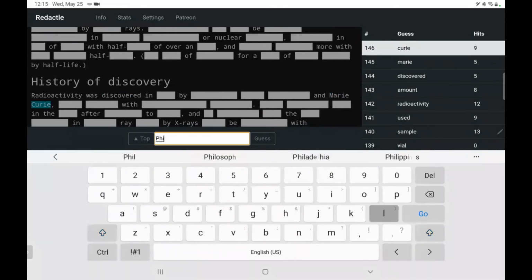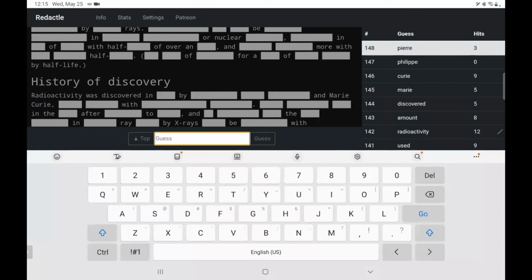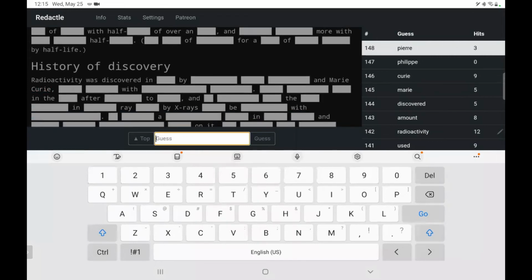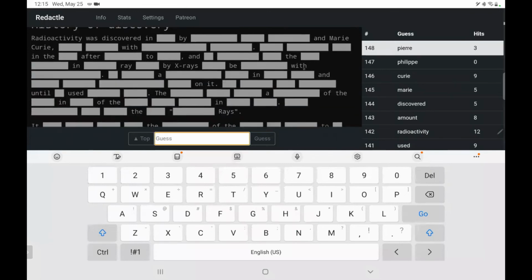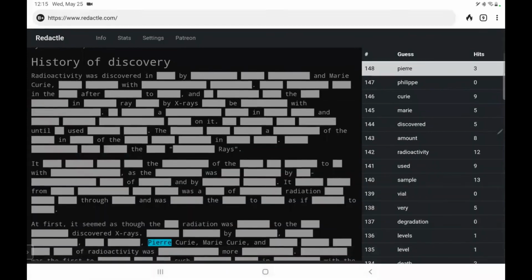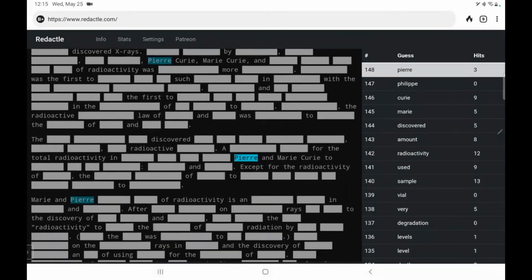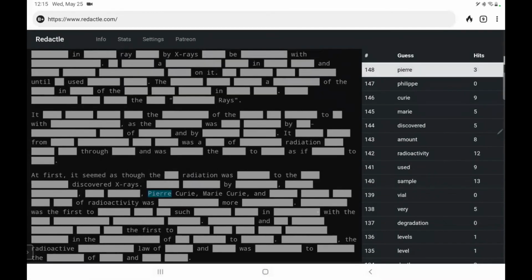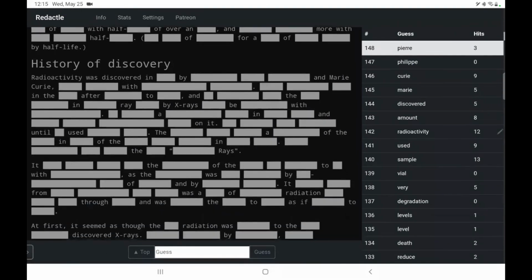Pierre, or I want to say Philippe. Poor Marie Curie's husband. Everyone has forgotten him. Maybe it's someone else. And let's look at Pierre just to. So it was Pierre Curie. There we go. So it was the other person before Marie or with Marie Curie.